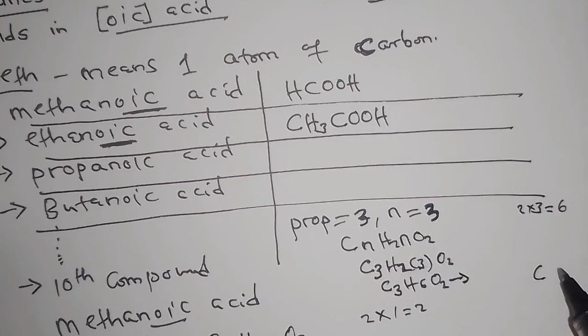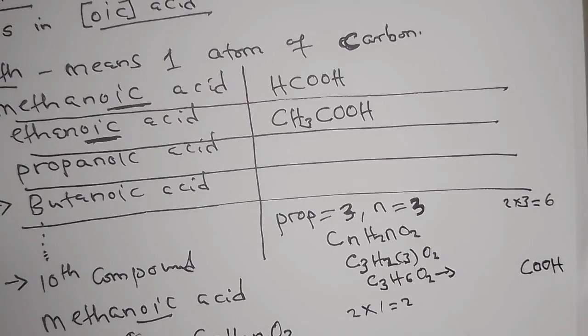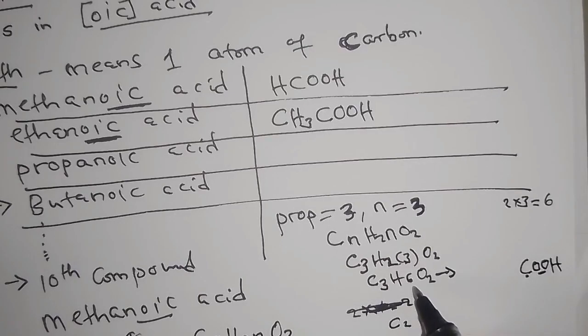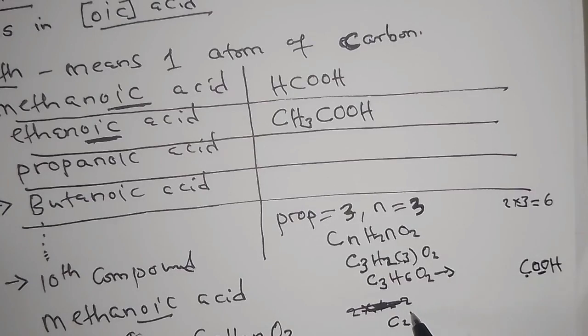And now convert it to the original formula. Start with the functional group. The oxygens are these 2 there. Then from the carbon, remove 1 carbon, which is this one, so you remain with 2 carbons. Then from the hydrogen, remove 1 hydrogen, so you're going to have 5.